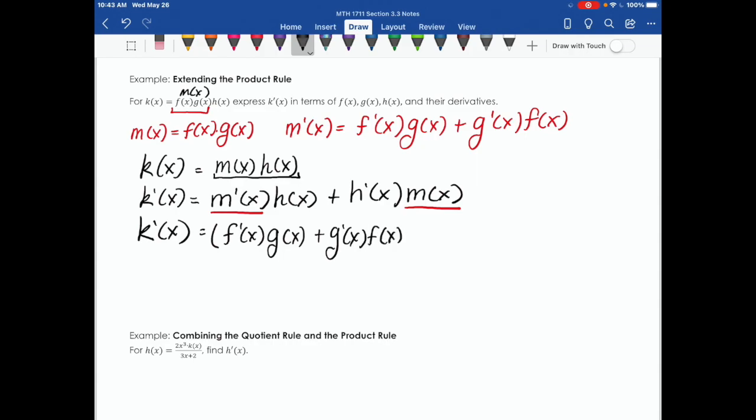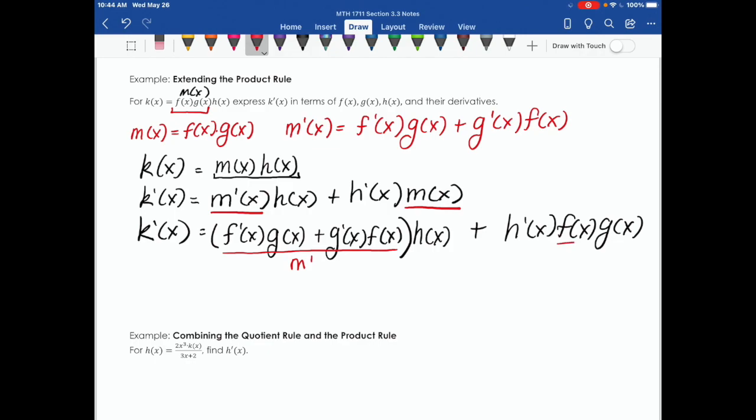So we have f prime times g plus g prime times f. And that's all multiplied times h of x. And then we have plus h prime of x times m of x. So here's what I replaced with m prime, and then this is what I replaced with m.